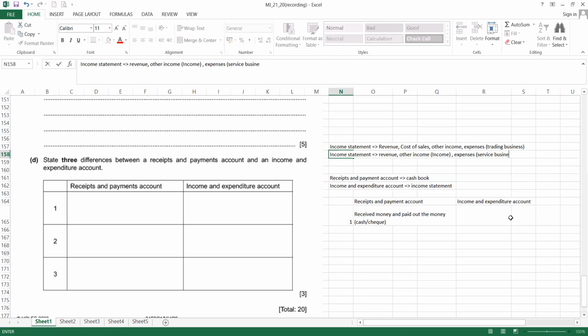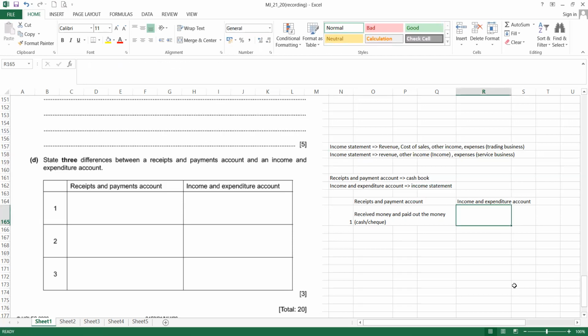The club actually is providing the service. So you don't go and talk about cost of sales here. Don't mention cost of sales. So you see that, record income and expenses. Don't talk about cost of sales.